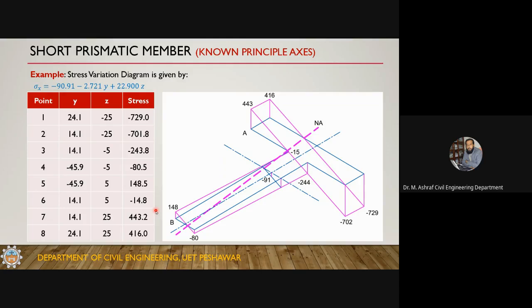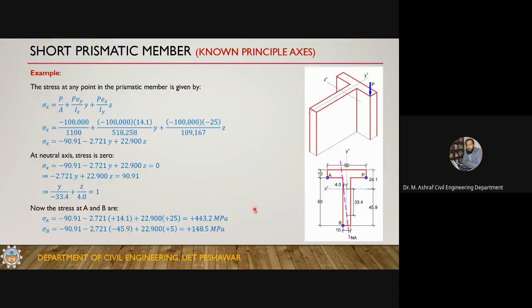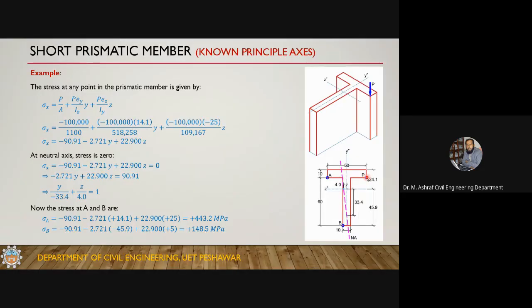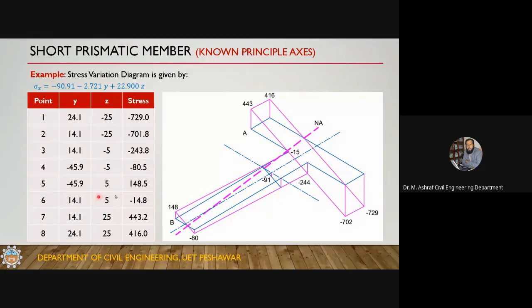If I move to the previous slide and look at this one, this point is slightly towards the right of the neutral axis, and at the right of the neutral axis there are compressive stresses. So I'm getting a compressive stress here, at point number 6. Similarly, point A is actually point number 7, so this is 443.